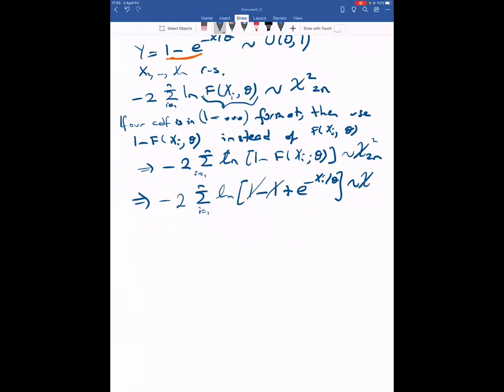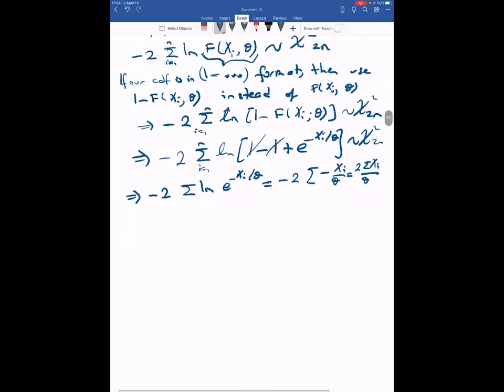So this will be distributed as chi-square with 2n degrees of freedom. Then we have minus 2 times the summation of ln e to the minus xi over theta. Let me write one more step: minus xi over theta. So we have 2 times the summation of xi over theta. This will be our pivotal quantity, whose distribution is chi-square with 2n degrees of freedom.